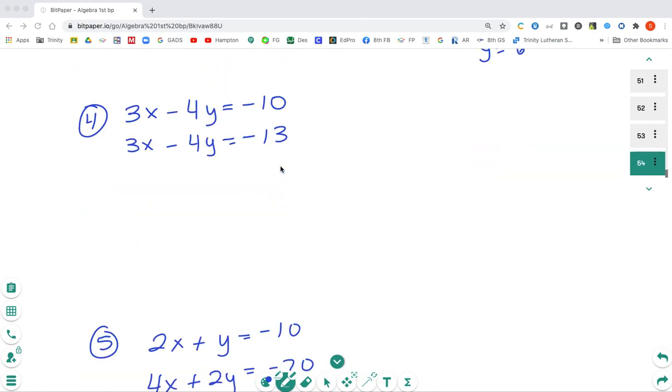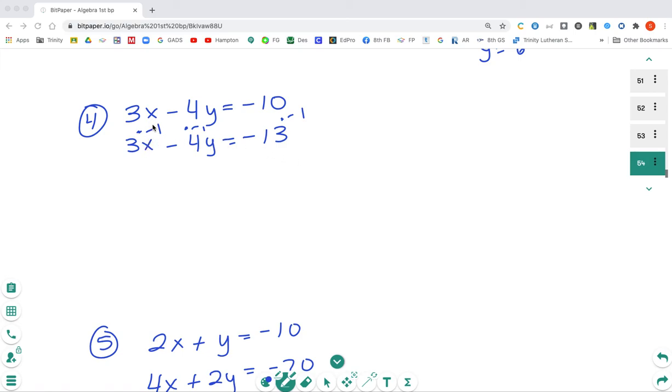All right, I'm going to go ahead and look for my zero pair. So in order to create the zero pair, I'm going to need to multiply the second equation by -1. That will give me a zero pair with my y's. Will also give me a zero pair with my x's.